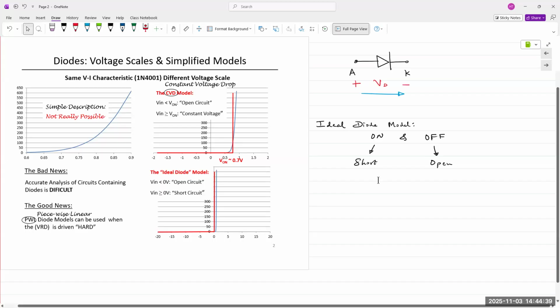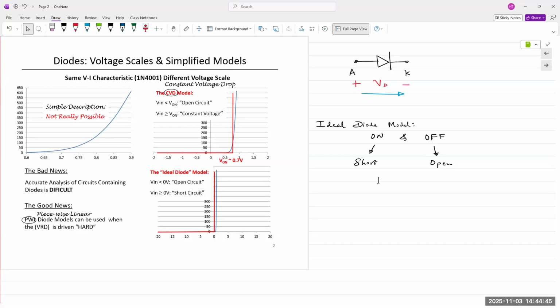So again, the two terminals of the diode are connected with a short circuit wire when on, and in case it's off, then we simply open it up.